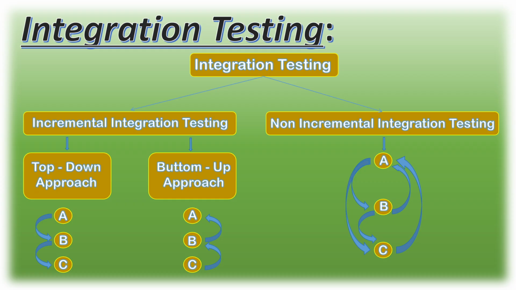That means randomly you can jump to any of the modules. That is why this is called non-incremental integration testing. Non-incremental integration testing is also called the Big Bang method.